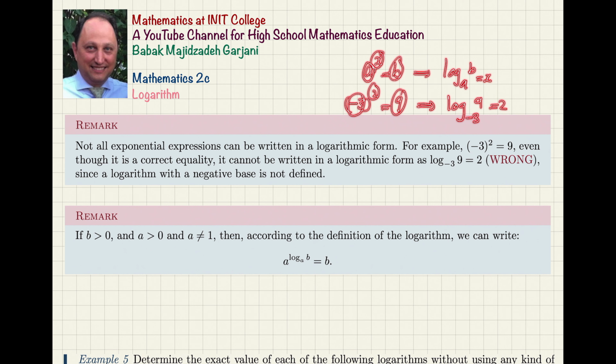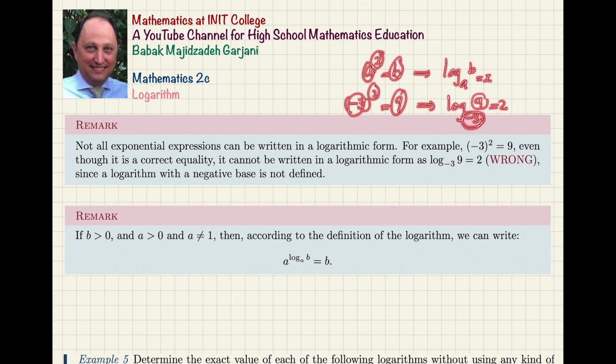Not every exponential form can be translated into a logarithmic form, even if the exponential form is true, because when you want to do this, you need to respect the definition of the logarithm. You cannot put a negative number as the base. The number that you put as the base should be positive, but you also have another constraint on the base, and that is the base cannot be equal to 1.